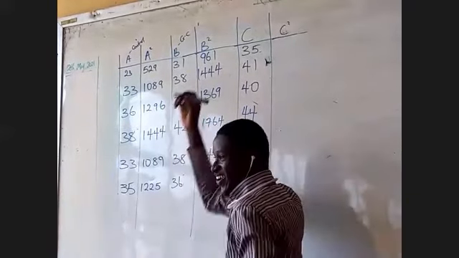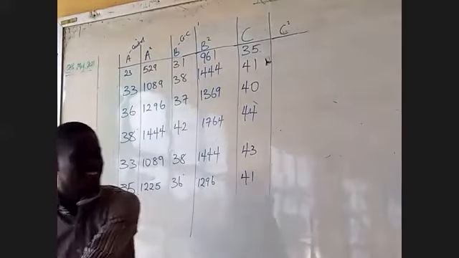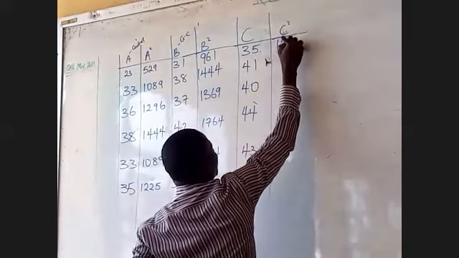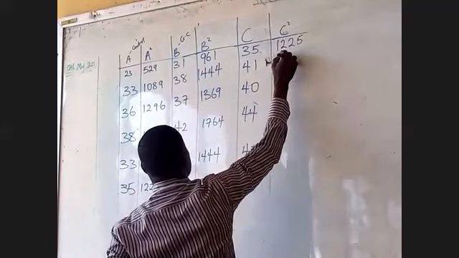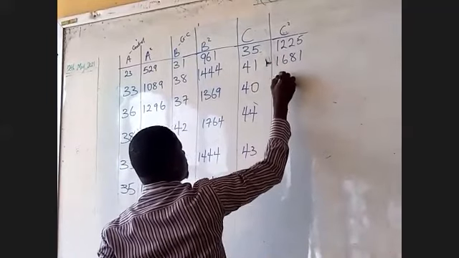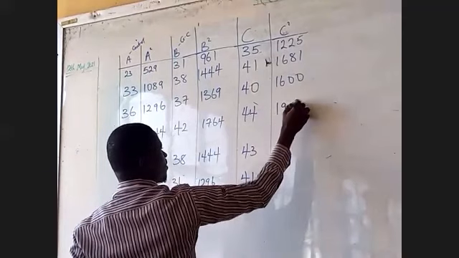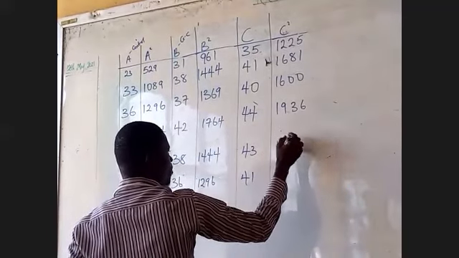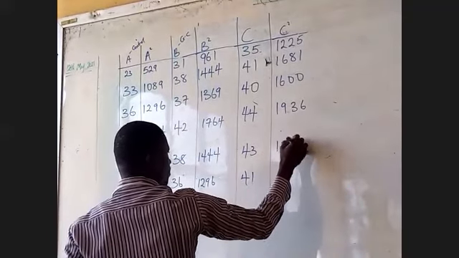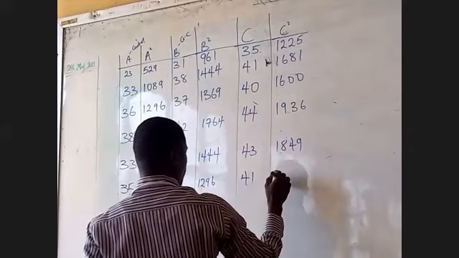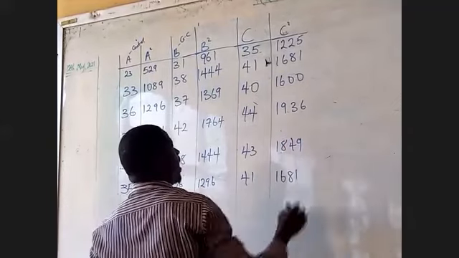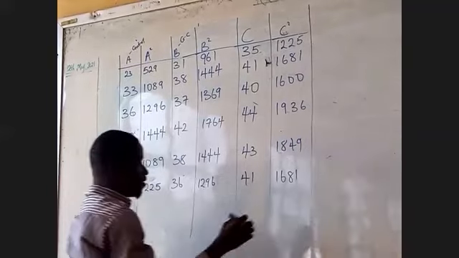Then we have C square, right? 1225, 1600. All right. So our table is complete.